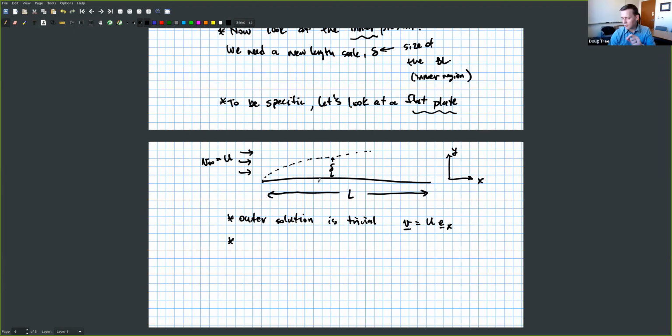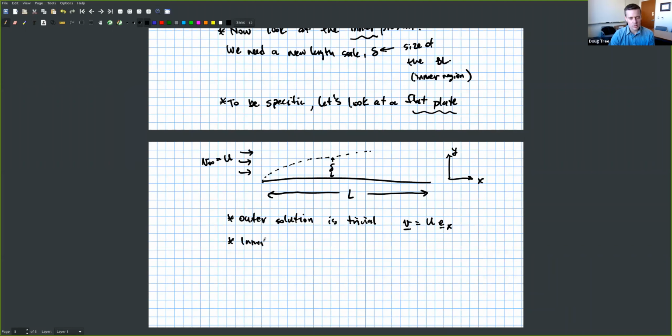And so it turns out that you can show that if I take the Navier-Stokes equations in cylindrical coordinates and look at the inner region, I end up getting the exact same boundary layer equations as I'm going to get for a flat plate. And so it turns out that this inner problem is very similar regardless of the geometry.